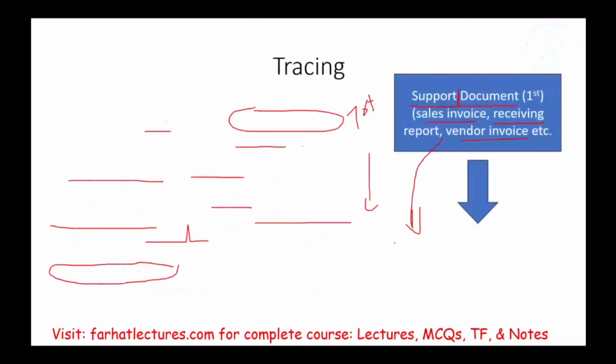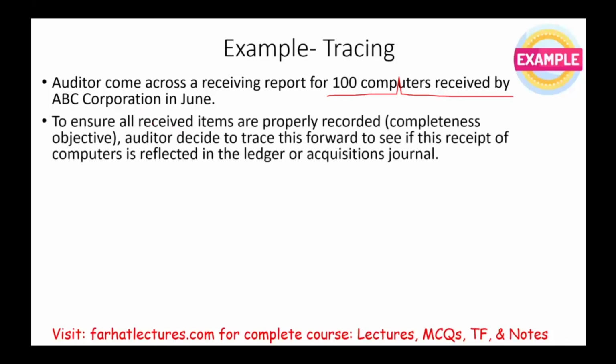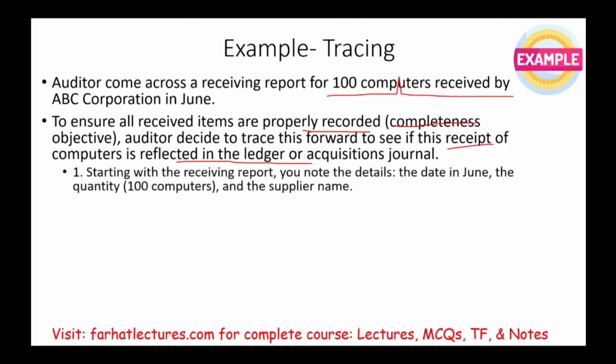Let's take a look at an example for tracing. Let's assume you come across a receiving report of 100 computers received by ABC Corporation in June. To make sure all received items are properly recorded, meaning you are testing for completeness, the auditor decides to trace this forward to see if this receipt is reflected in the ledger or the acquisition journal. You would start with the receiving report.